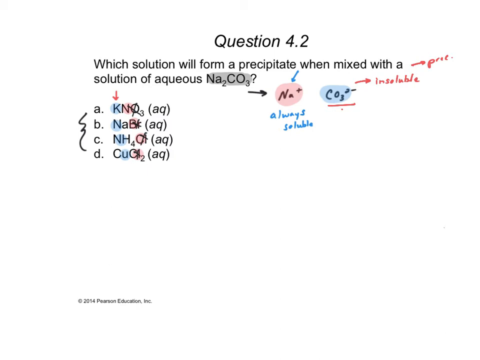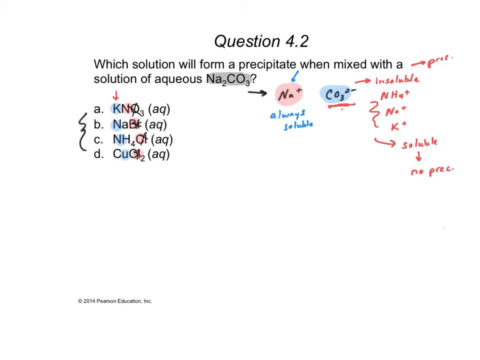So most carbonate-containing compounds are insoluble unless carbonate is paired with ammonium. And then it says the alkali metals, right, which are essentially sodium, potassium, all of those group 1 metals, okay? So if carbonate is paired with any of these guys, then the resulting compound is soluble, meaning that it will not form precipitate. So this guy would be no precipitate, okay?